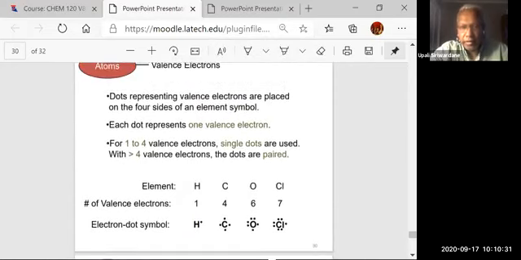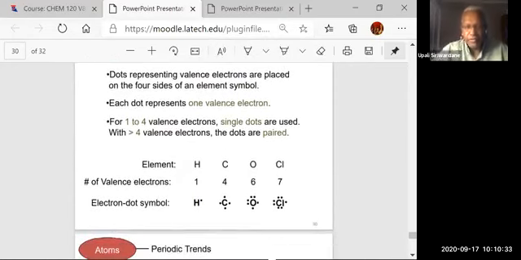Valence electrons are also used to show Lewis dot symbols, electron dot symbols. Hydrogen has 1 electron in the valence shell, carbon has 4 electrons, oxygen 6, chlorine 7.